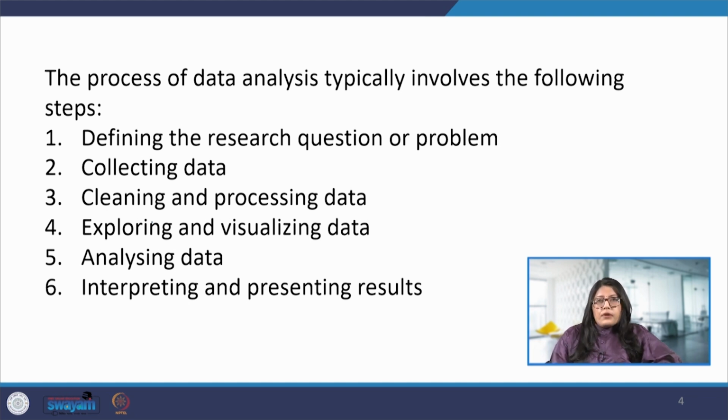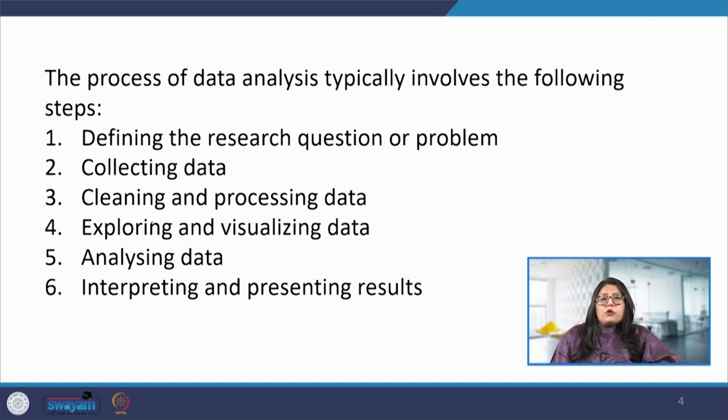In the fourth step, exploring and visualizing the data. Here we will use descriptive statistics and visualizations to understand the data and to identify patterns or any kind of relationships. The fifth step is analyzing the data.